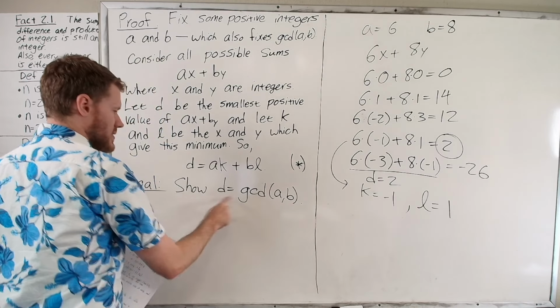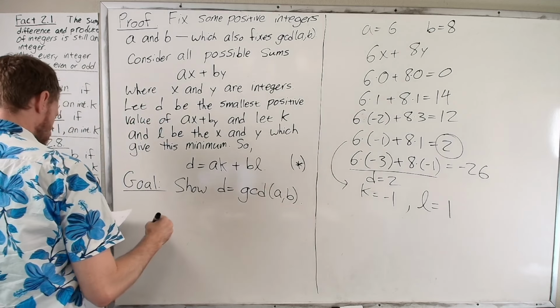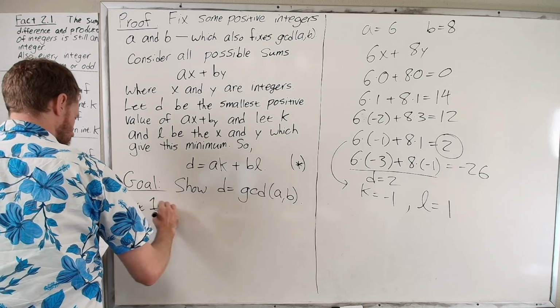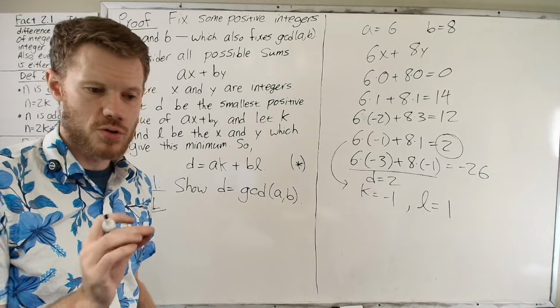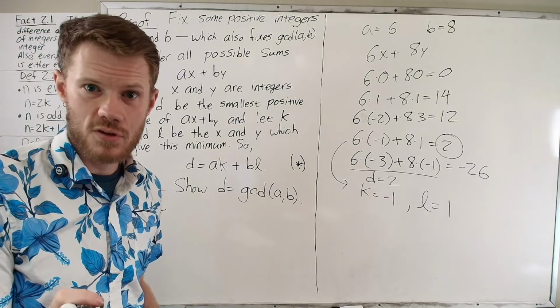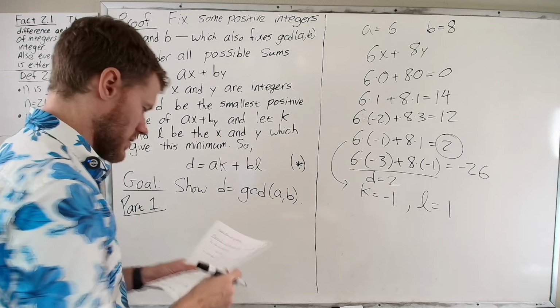So how are we going to prove that D, this minimum value, is in fact the GCD? Well, we're going to do it in 2 parts, as I mentioned in step 1 and step 3. The 2 parts are to show that D is a common divisor, and we'll do that one first, and then that it is in fact the greatest among all common divisors.